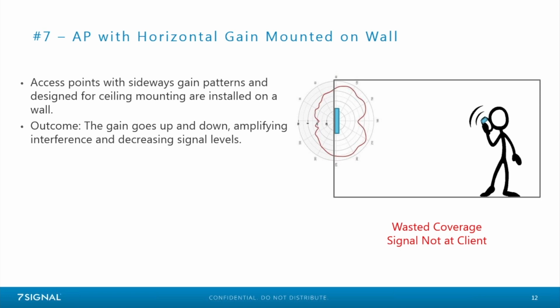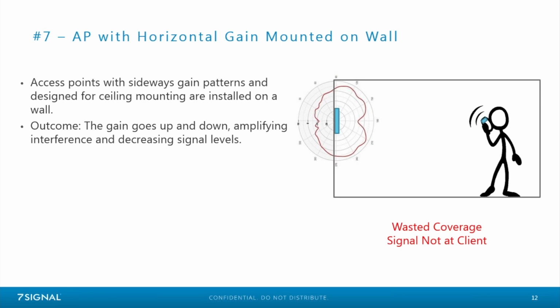We can see there that we've got gain along the surface of the wall, up and down and sideways, and pointing out towards the room, we actually have a little null in the pattern. So it's rotated, basically 90 degrees from where it's designed to be installed.